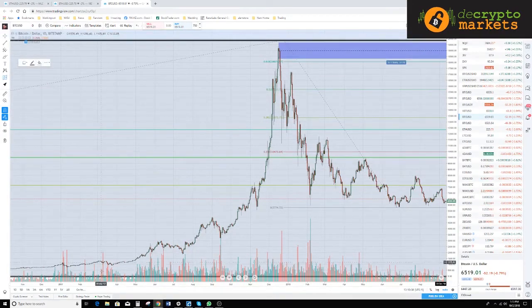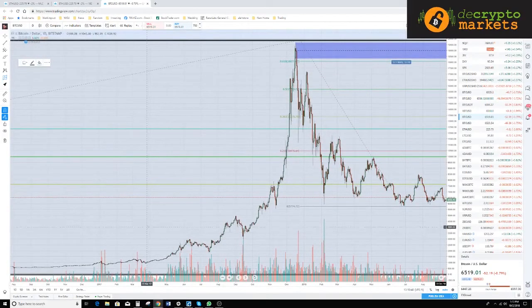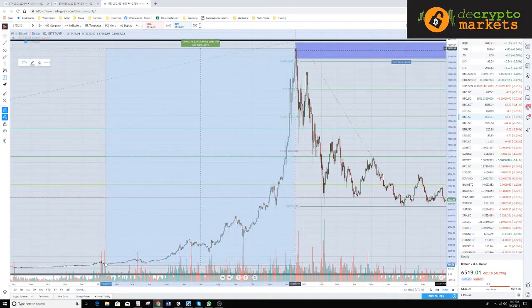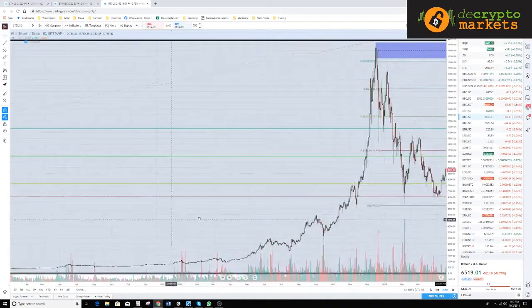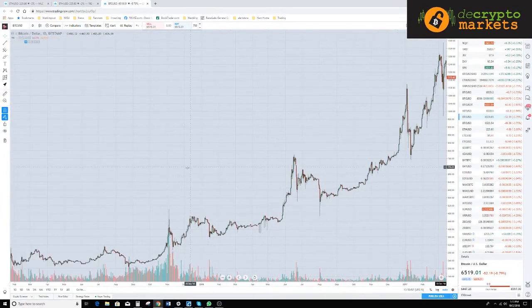Is there a point when it scales down? I don't know, maybe. But from the lows of January 2017, that was a 2,398% move. It's probably the biggest one that Bitcoin's had.